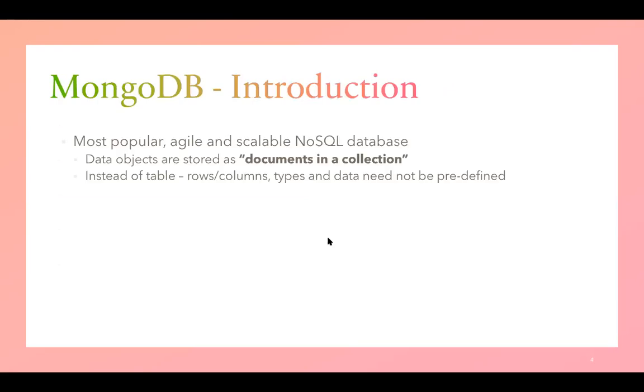So MongoDB is basically the server. Okay, the most popular agile and scalable NoSQL database. And once again, you might be asking, okay, well, this hybrid and relational database class is supposed to cover object-oriented database, object relational database. How does MongoDB fit into this course content?